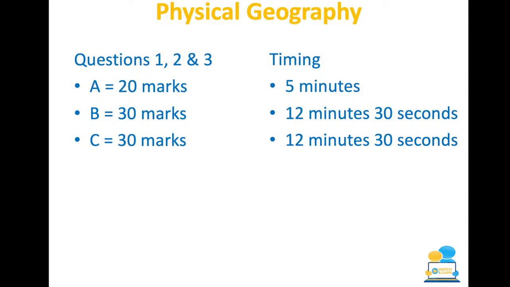I promise you, you'll score better if you answer the entire paper than if you take up extra time in your physical. You might do that and then your regional, and then what happens is you run out of time completely for your option question at the end or your elective, and you might miss out on a whole question, say part C in your elective, and it's just 30 marks gone.